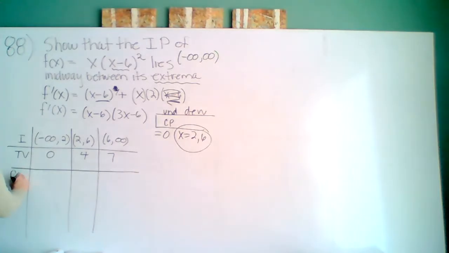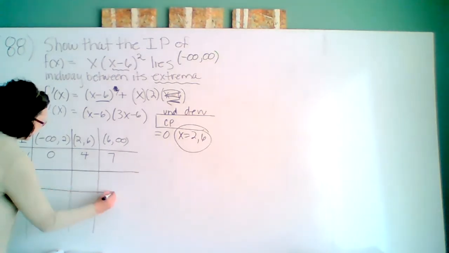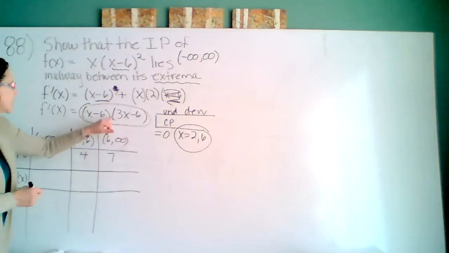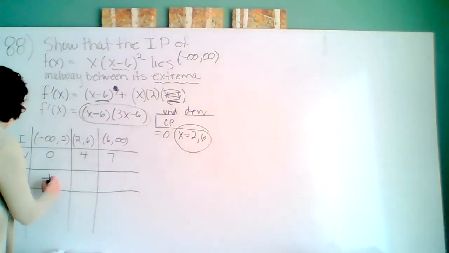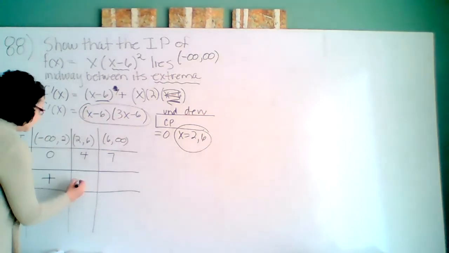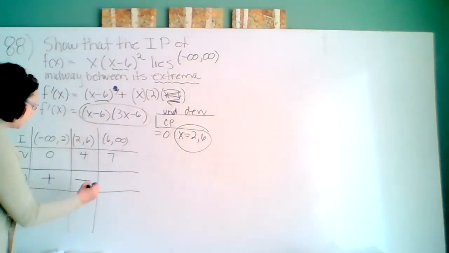First derivative. When I put a 0, I'm looking here. The factored form is the easiest, right? Because I can tell if it's positive or negative. A 0 here and here is a negative times a negative, which is a positive. A 4 here is a negative times a positive. A 7 makes them both positive.